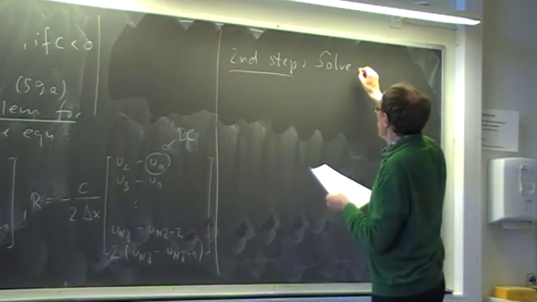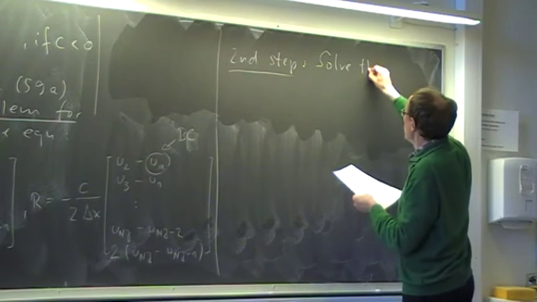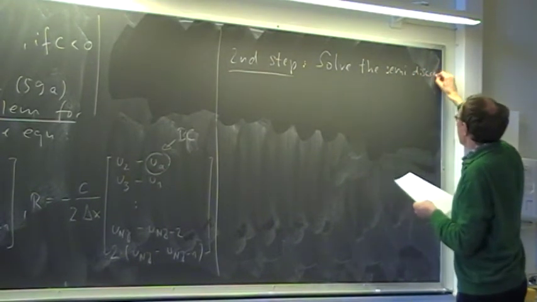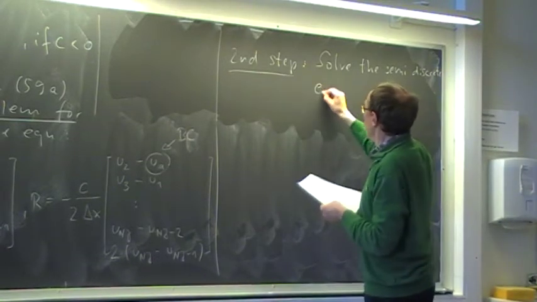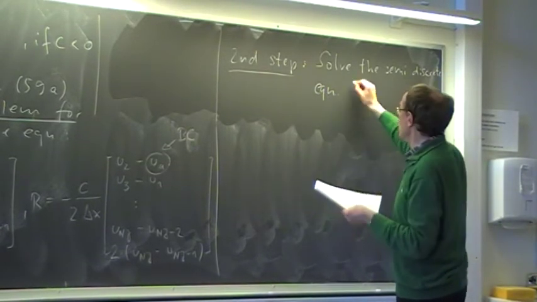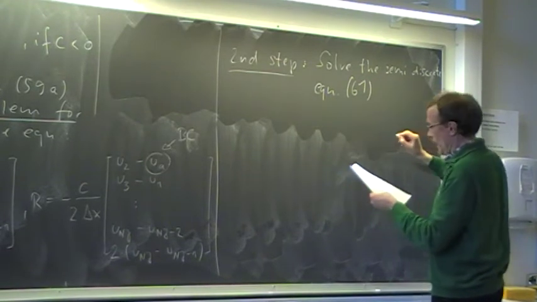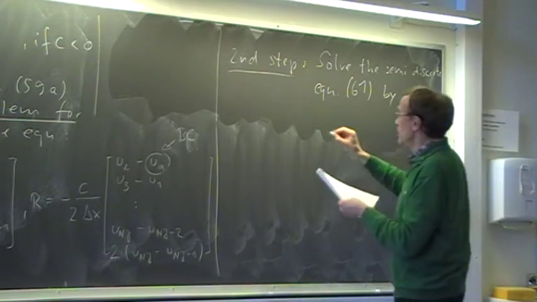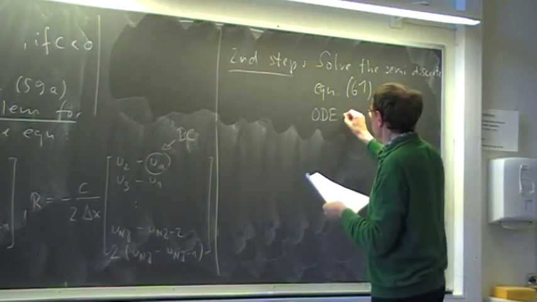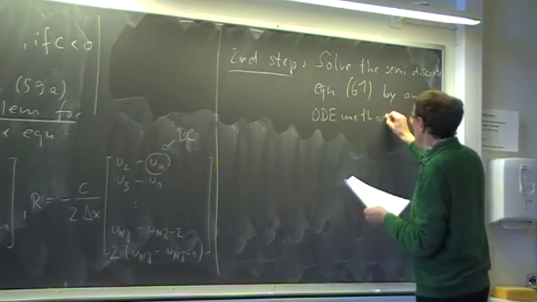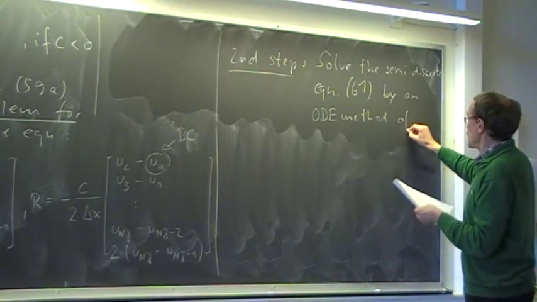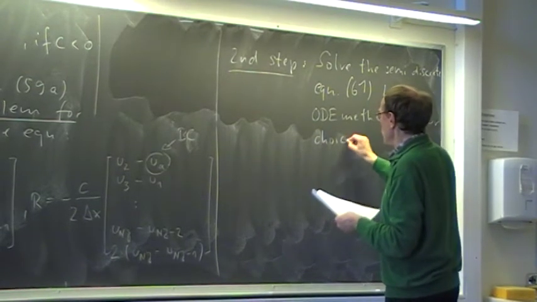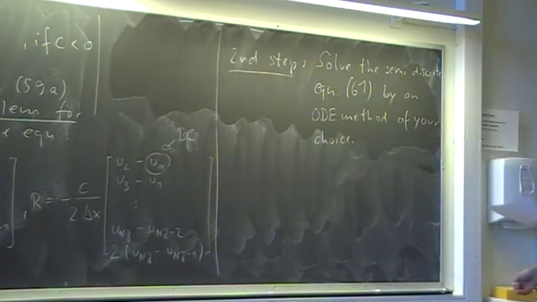Now we solve the semi-discrete equation, which is 61 that we have just derived, by an ODE method. You can do that as you like, more or less, but it should be done with some thought.